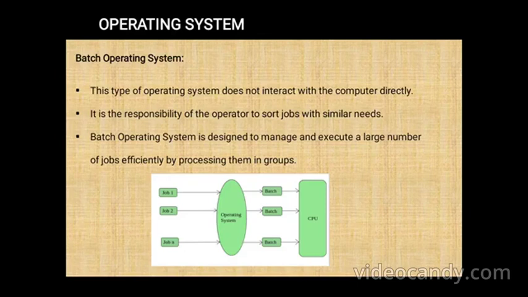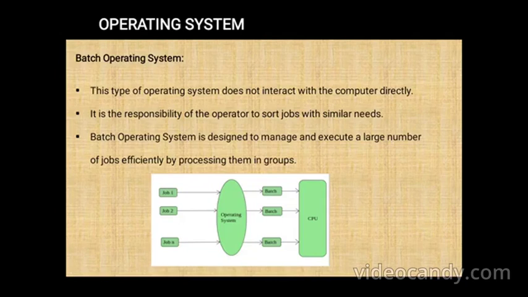By seeing this diagram, we can understand easily. So here, n number of jobs have been assigned to the operating system. What the operating system will do is categorize them as batches and assign these batches to the CPU for processing.